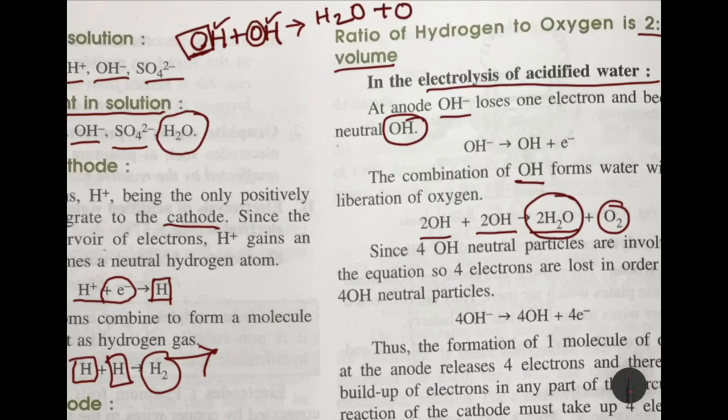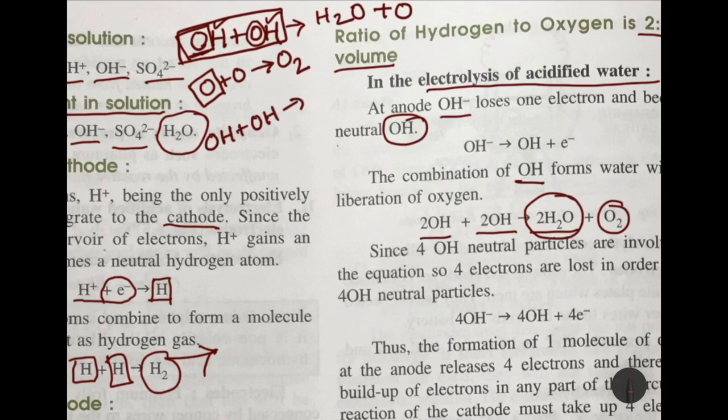So 1 atom of oxygen. So this 1 extra oxygen atom is coming from another reaction between 2 hydroxyl atoms, isn't it?